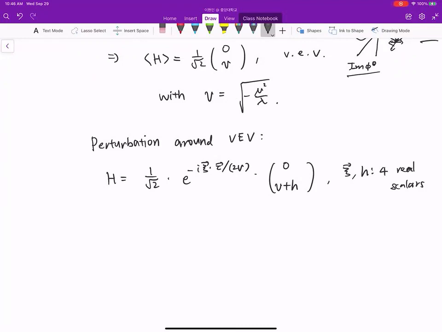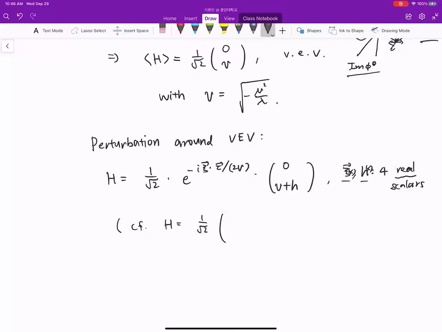This is not the unique choice, just one of the choices for perturbations. These psi and h are fields, functions of space-time. So there are 4 real scalar perturbations, as you remember, neutral and charged components. But in principle, you can choose a different parameterization. This is a kind of polar coordinate representation.